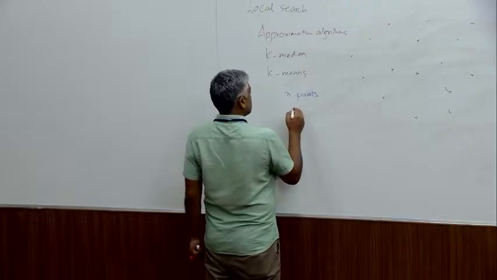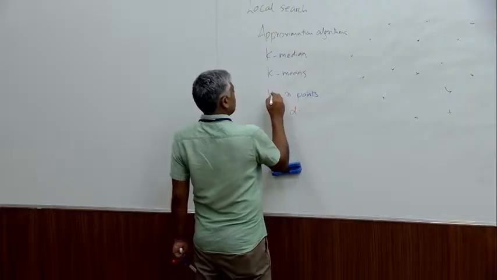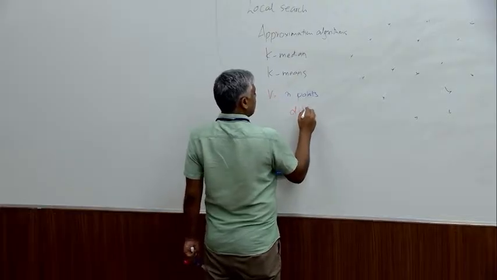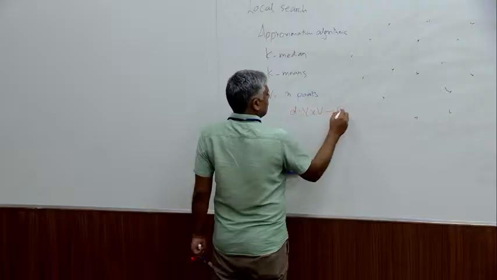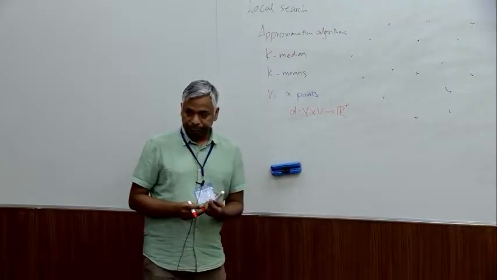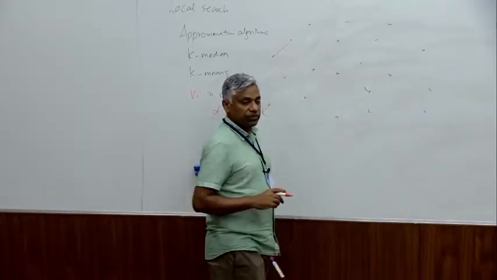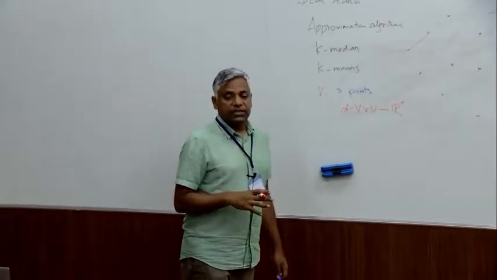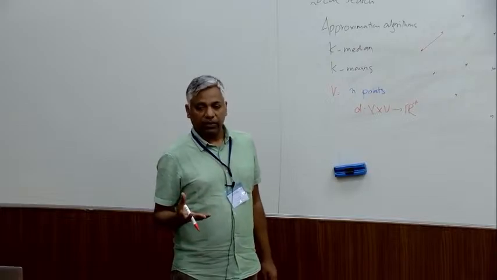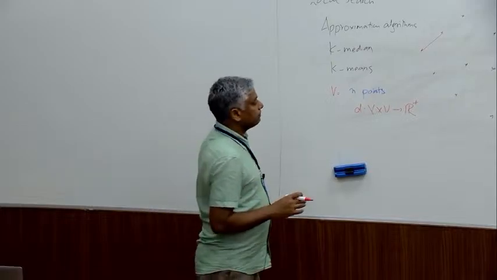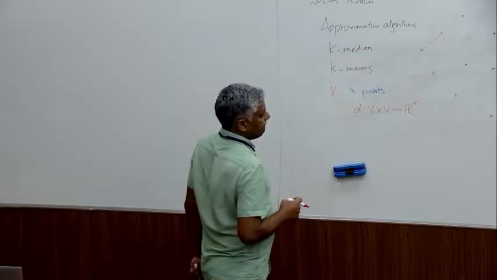V is a set of n points. D is from V cross V to non-negative reals. What that means is that I give you the distance between every pair of points, and it's a distance, which basically means it satisfies the triangle inequality. Yes? Or the metric property.